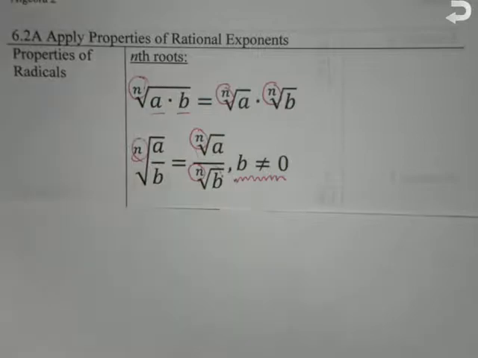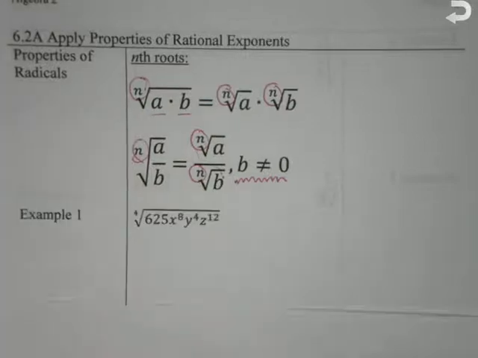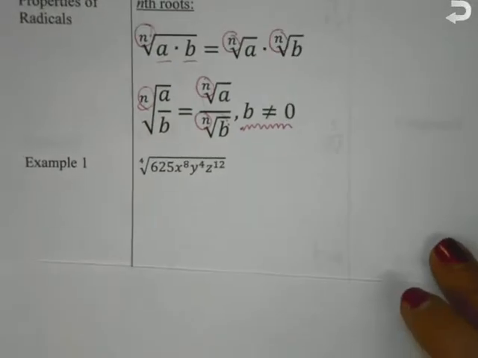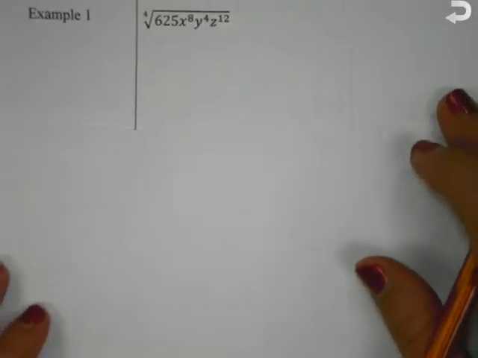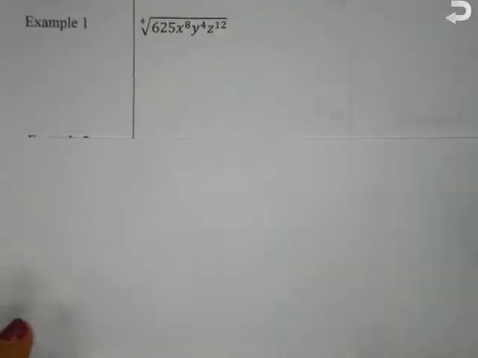Now, example number 1. So we have the fourth root of 625 times x to the 8th times y to the 4th times z to the 12th. Now, the reason why I showed you all of the rules first is because for this one, I want to start by separating each individual term.